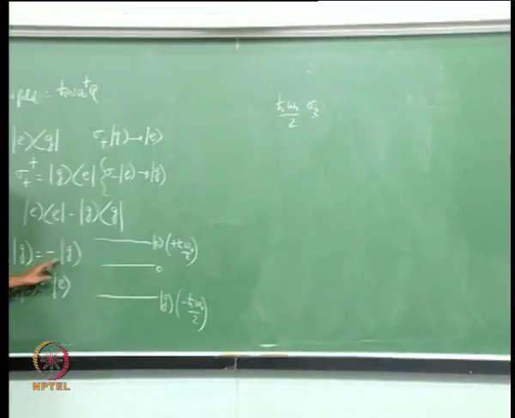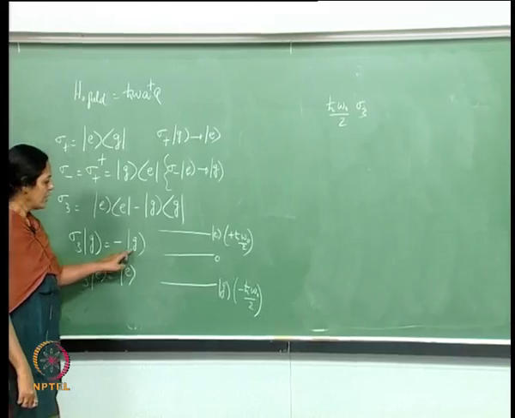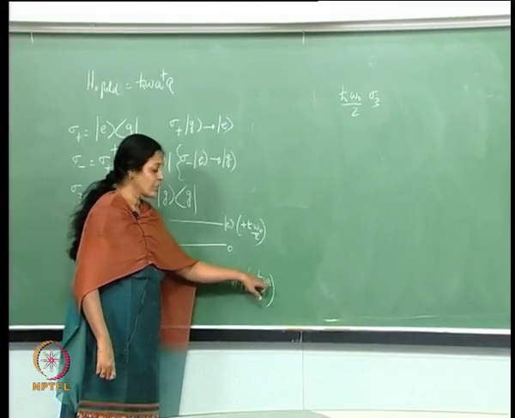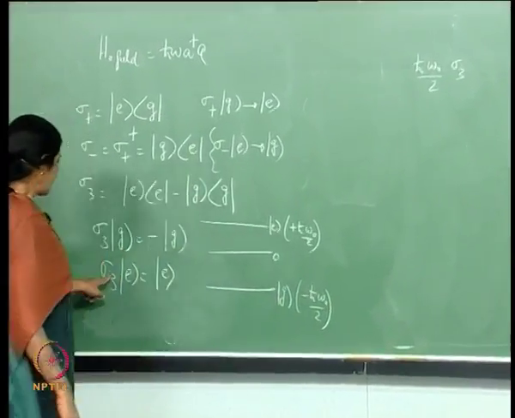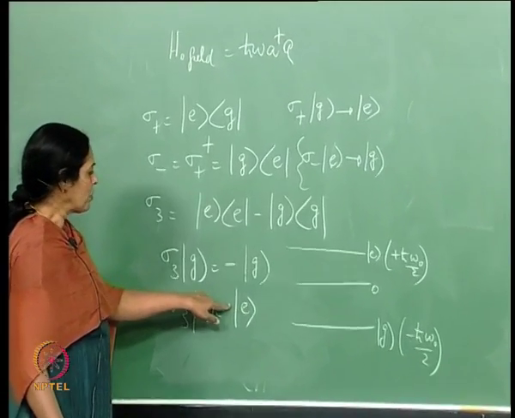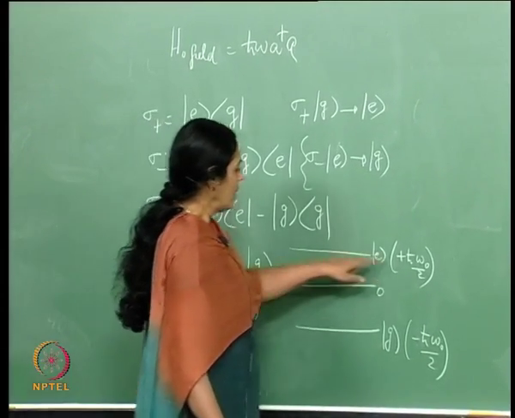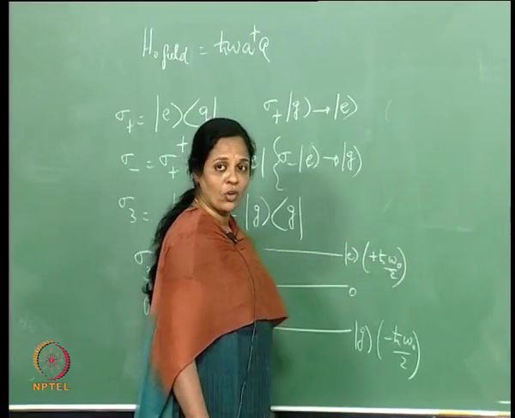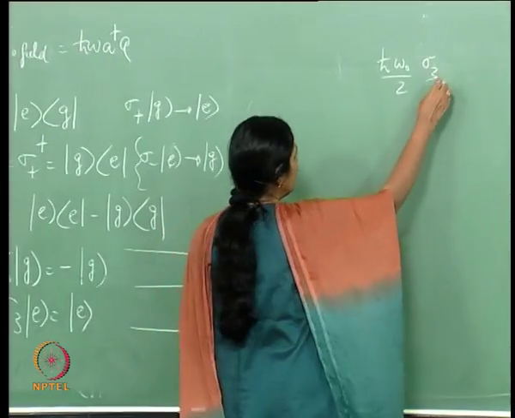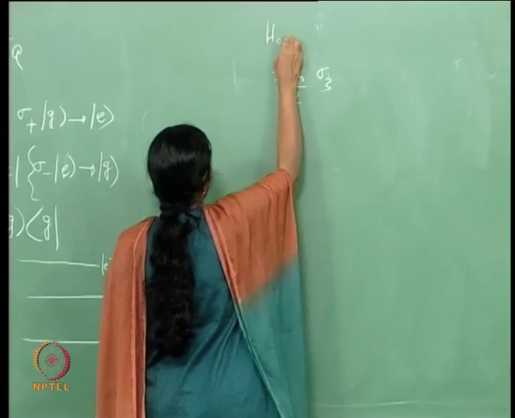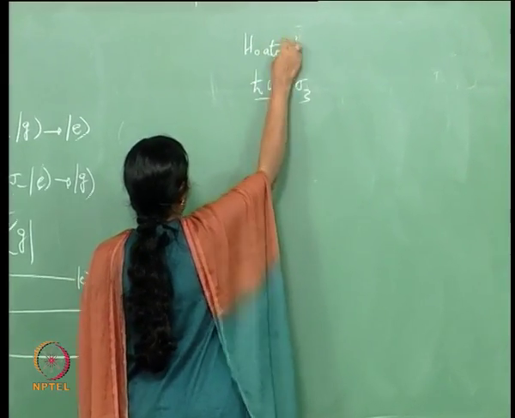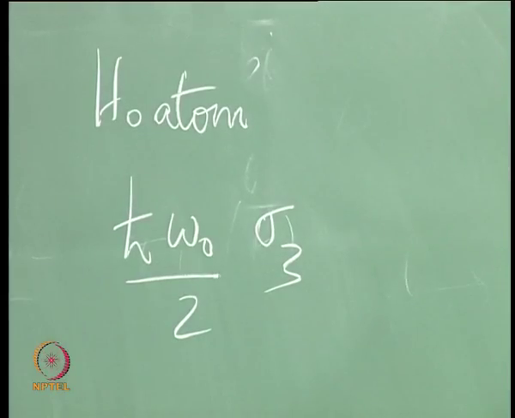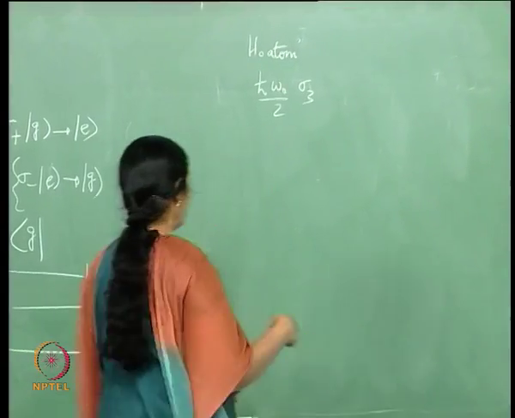Sigma 3 acting on G gives me a minus sign and ket G, and therefore picks up an energy minus h cross omega naught by 2, and sigma 3 acting on E picks up a plus sign in front of ket E, and therefore gives me energy plus h cross omega naught by 2. So h cross omega naught by 2 sigma 3 is H naught atom. And then of course I have minus D dot E.